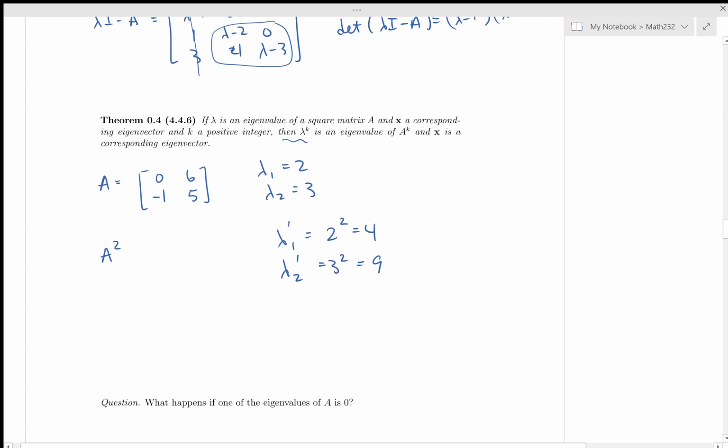That is the claim here, and that the eigenvectors are unchanged. Let's quickly see if that works in this case. This is not a proof, of course. This is just an example showing you what the theorem is telling you. So let us figure out what A squared is.